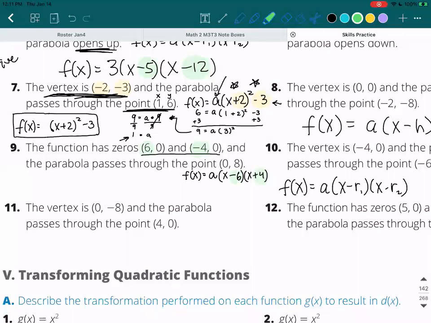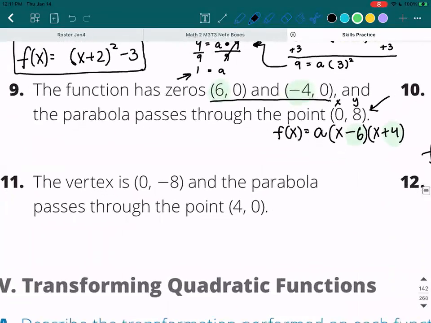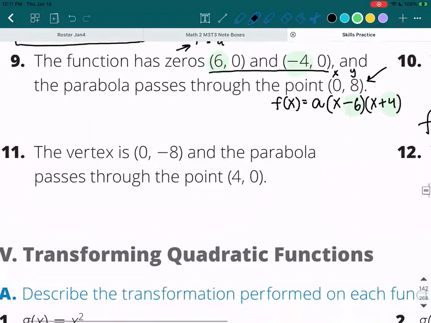And now we're going to solve for a. How are we going to solve for a? We're going to plug in the point they gave us, the point 0, 8. That means that our x value is 0 and our y value is 8. I'm going to zoom in here because now I'm going to need space. So we're going to plug that in. Since y is 8, I'm going to replace the f of x with 8.